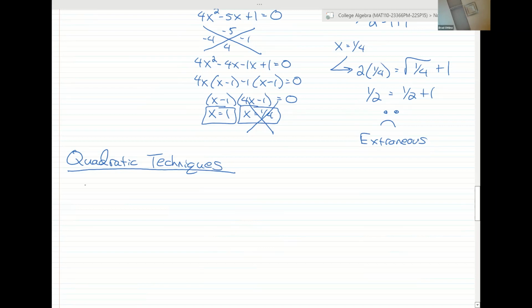The whole idea with quadratic techniques is that we make a substitution. And then we're going to treat it as a quadratic trinomial.